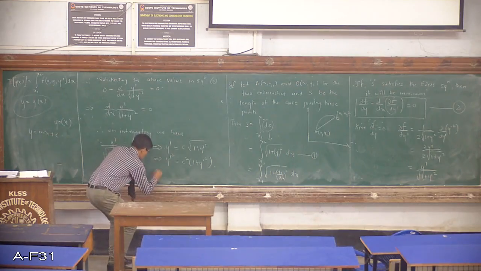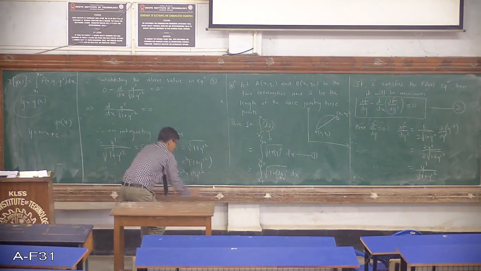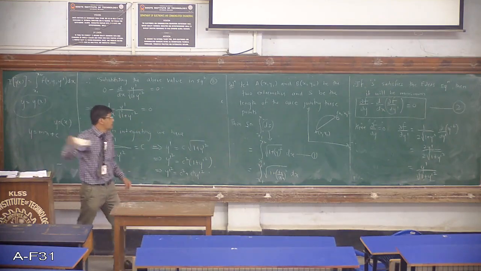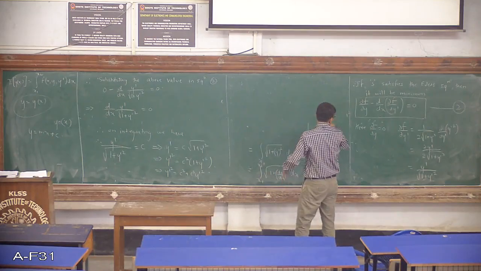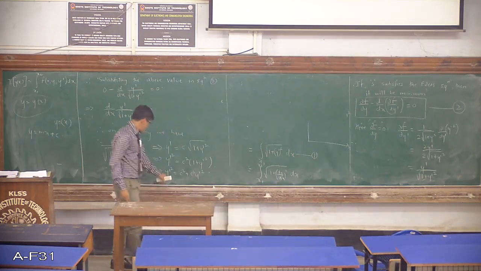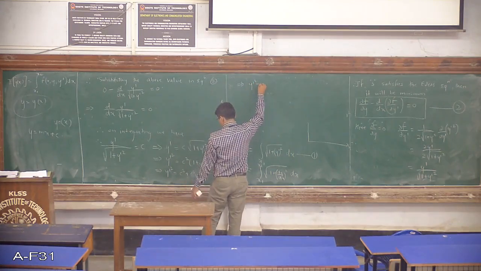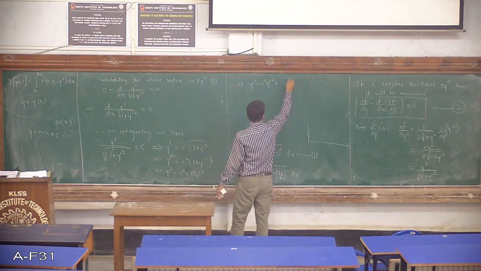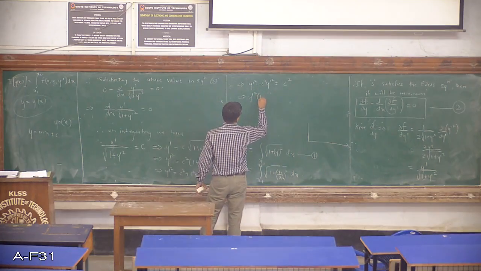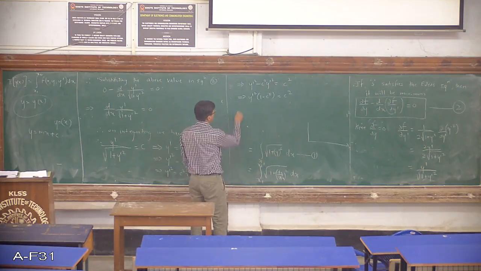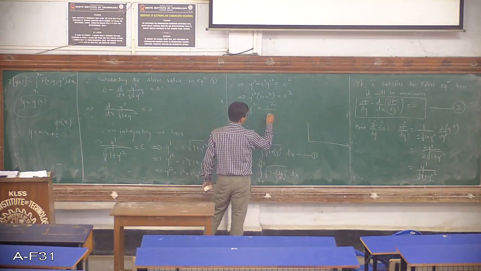Fine. Now which implies y1 square is equal to c square plus c square y1 square, right, which implies y1 square minus c square y1 square is equal to c square, which implies y1 square inside the bracket 1 minus c square is equal to c square, fine, which implies y1 prime square is equal to c square by 1 minus c square.